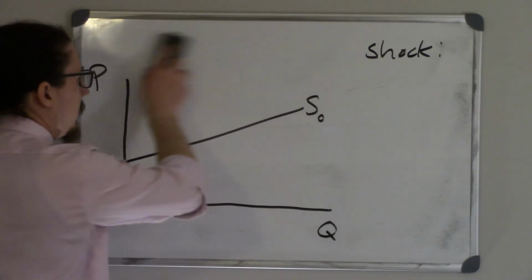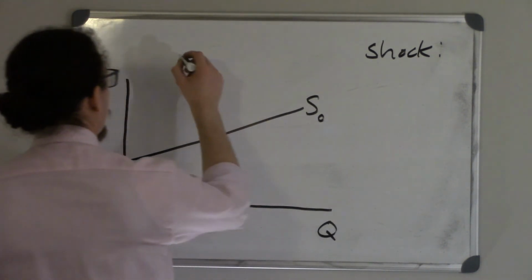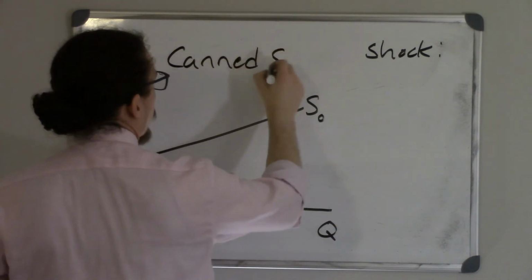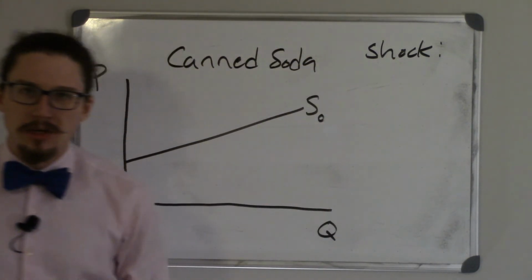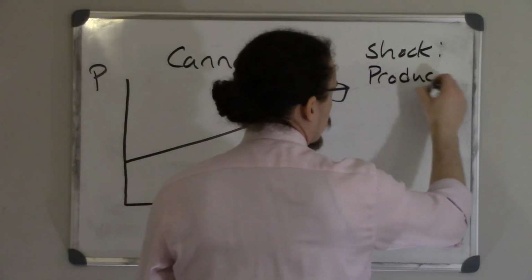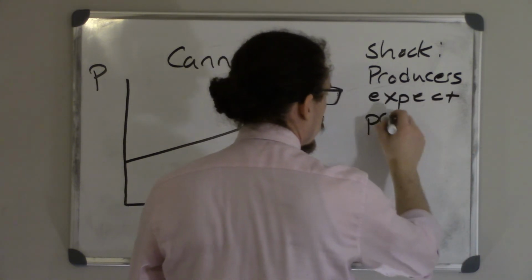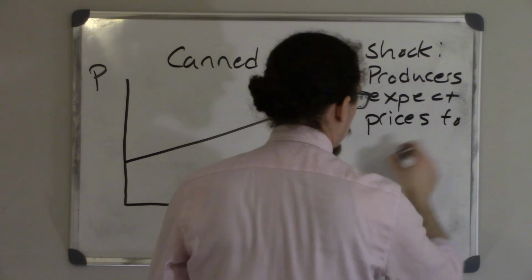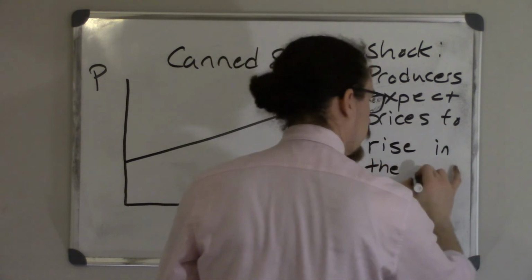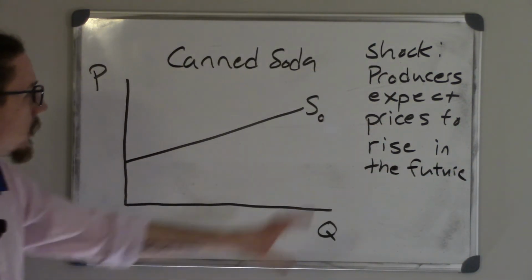Let's not do canned soda. That one doesn't make a whole lot of sense. Although it could. I'm gonna flip flop about 5 more times, but no, we're gonna stick with canned soda. All right, I could have made that a lot smaller, but that's okay.